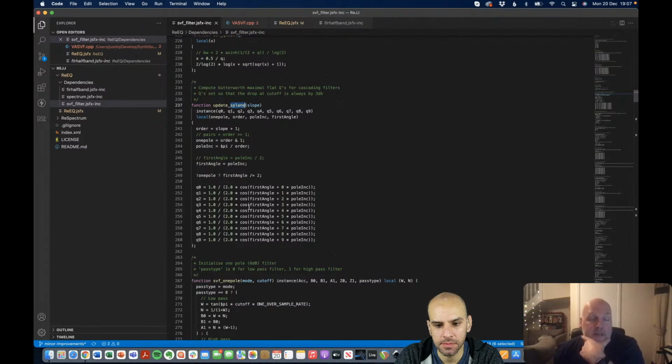So what it's doing, I think this is working in the S plane, it's getting the Q positions based on where they need to be positioned in the S plane, so that the formulation of each Q value for each cascade will always sum up to keeping a flat passband with a 3 dB drop.